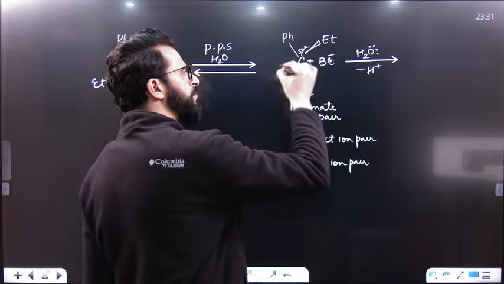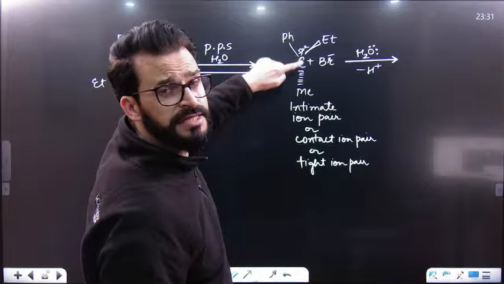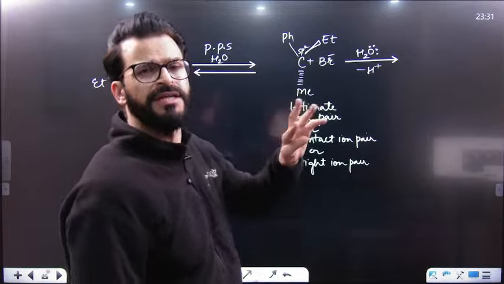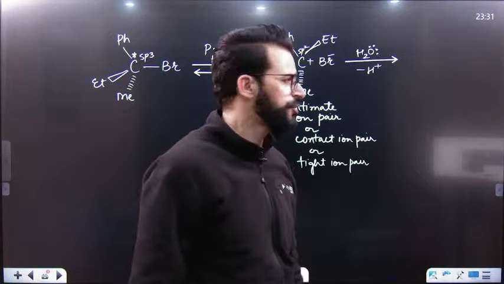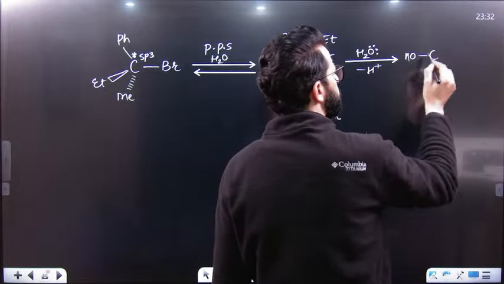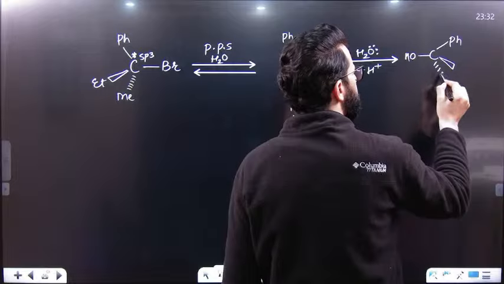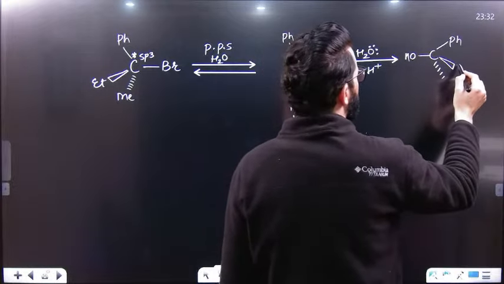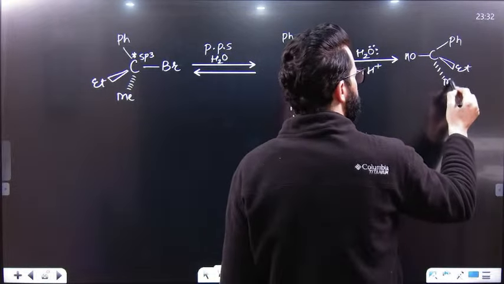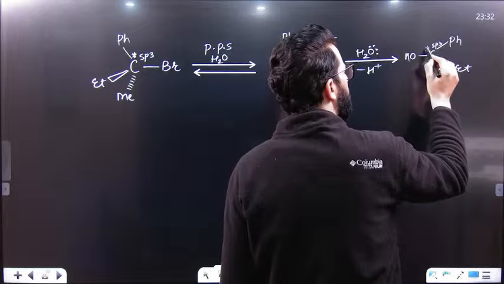Now it will attack from backside. When it attacks from backside, that means OH will form a bond with this carbon, and this carbon once again forms 4 bonds. That means it becomes sp3. So the product of reaction will be like this. As it's a tetrahedral structure, so I will write down Et and Me in this fashion. Once again, it is sp3 hybridized carbon and a chiral center.